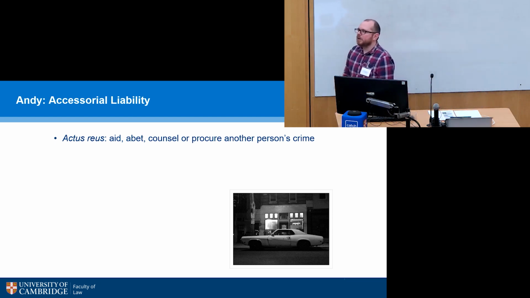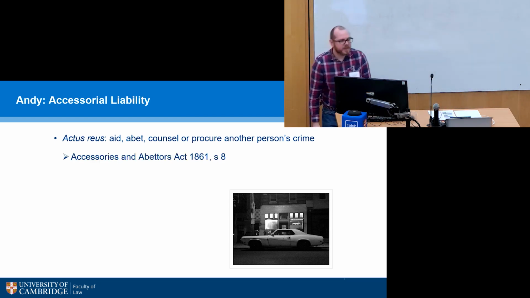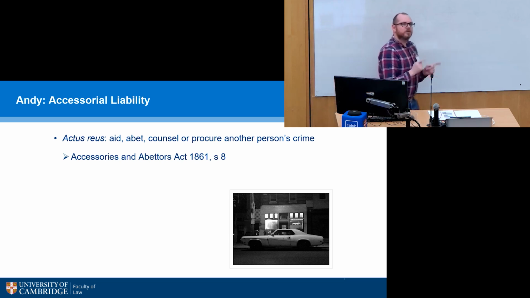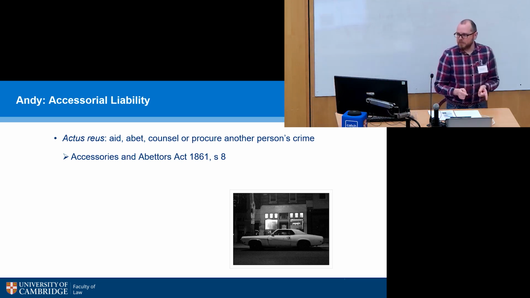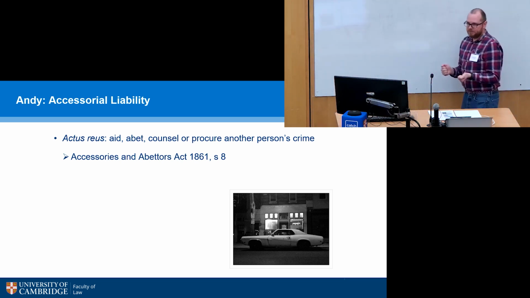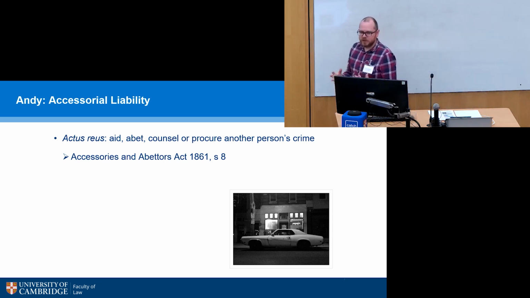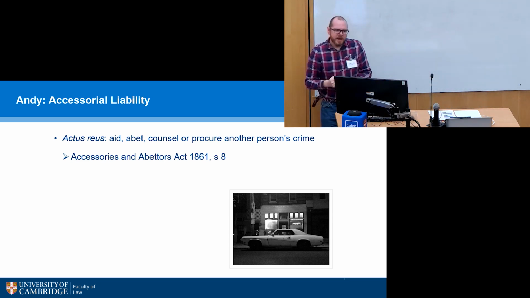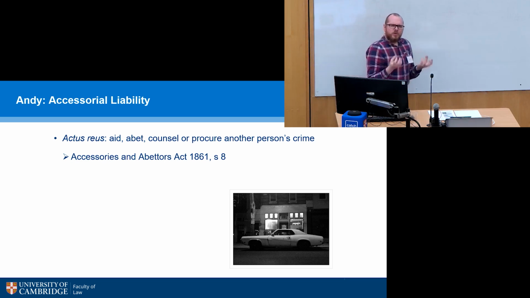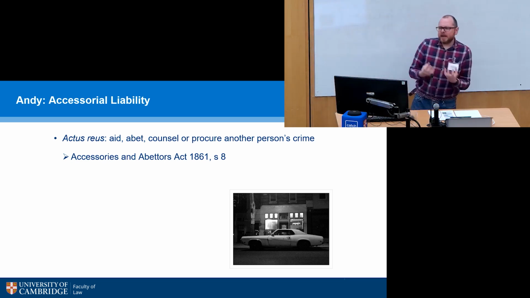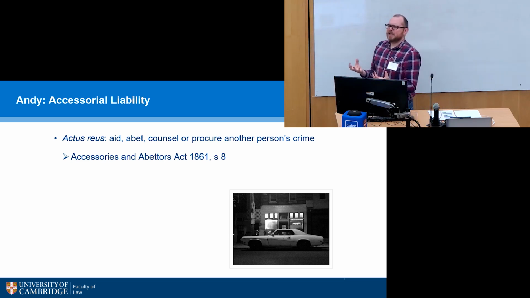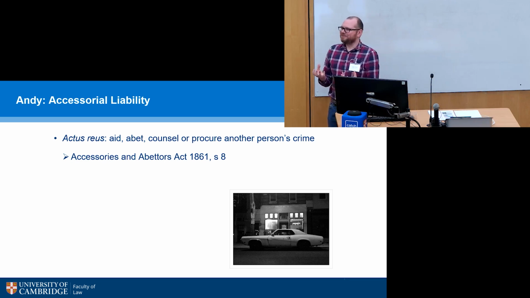Now that language might sound quite antiquated, and that's because it comes from a statute from the mid-19th century. A lot of our law, in fact, comes from the mid-19th century that you'll be learning about. What do you think aid, abet, counsel, or procure means in more modern terms?